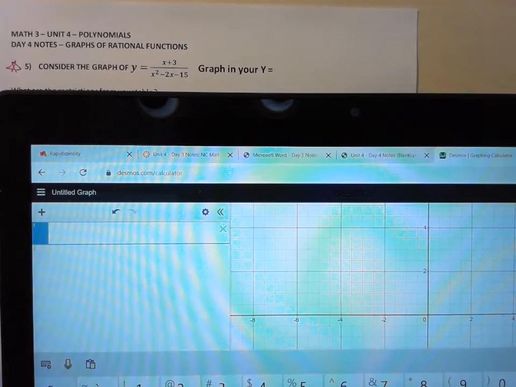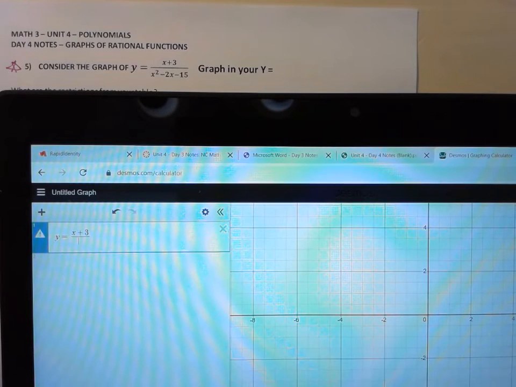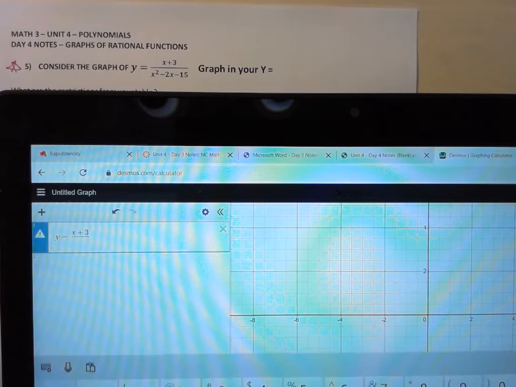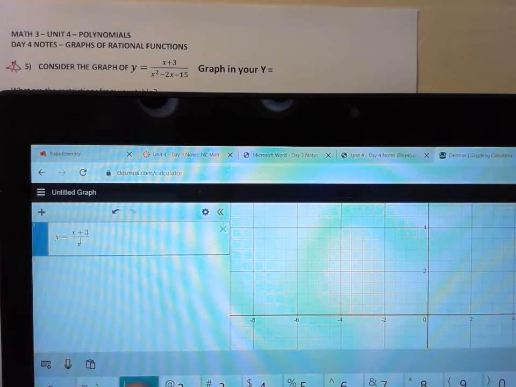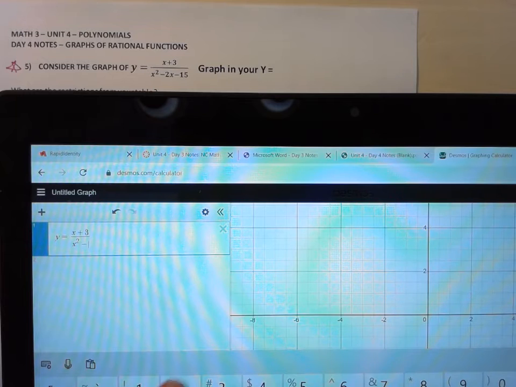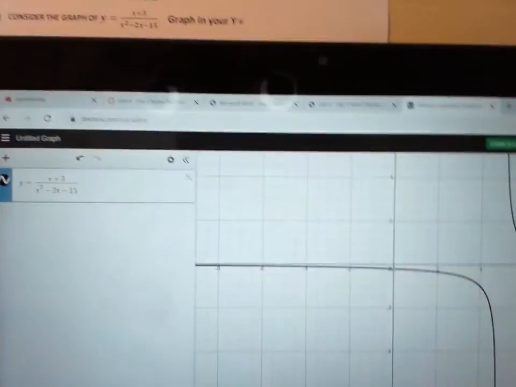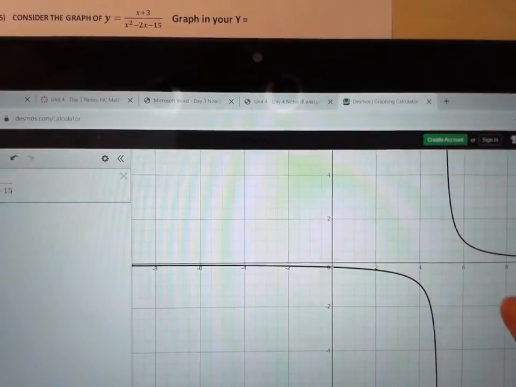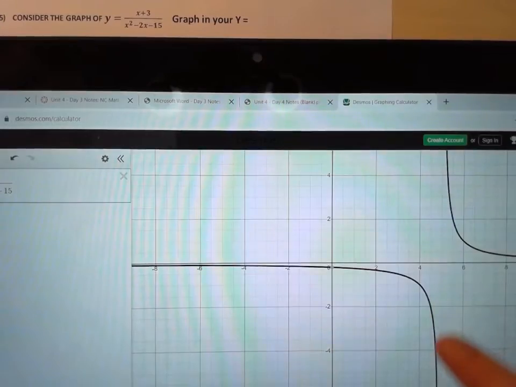But if you look at the graph, it's going to appear that it only has one point of discontinuity. And that looks like that's going to be at the 5.